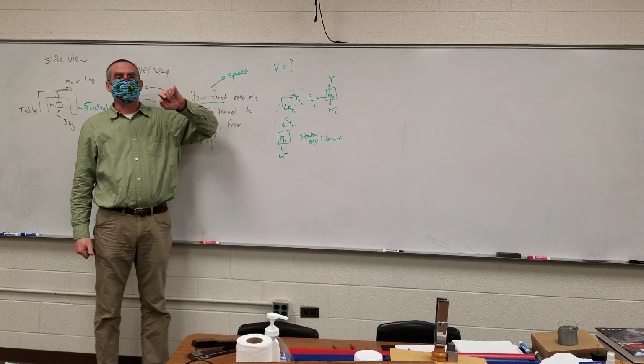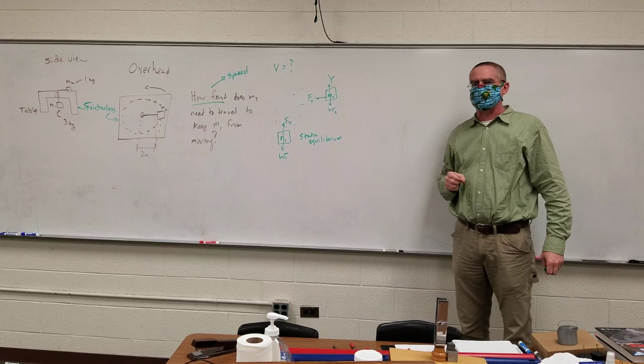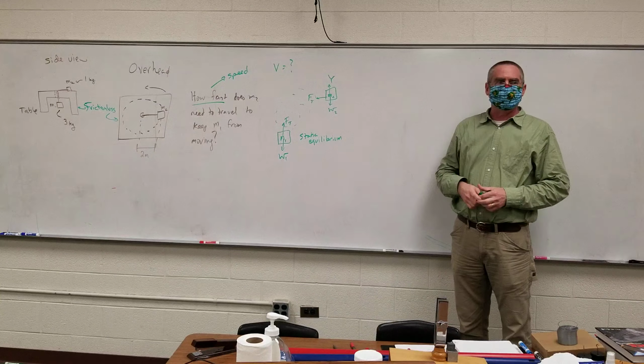All right, so now, F equals ma. So mass 2 is going in a circle. Which one of those forces is the centripetal force? I have three forces acting on mass 2. It's traveling in a circle. Since it's traveling in a circle, there must be a centripetal force acting on it.